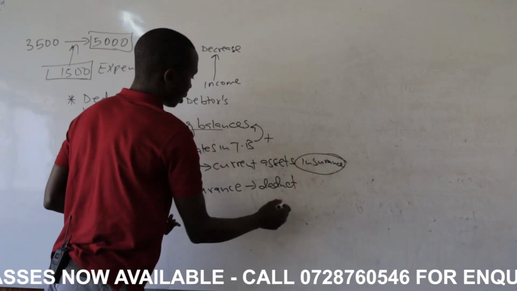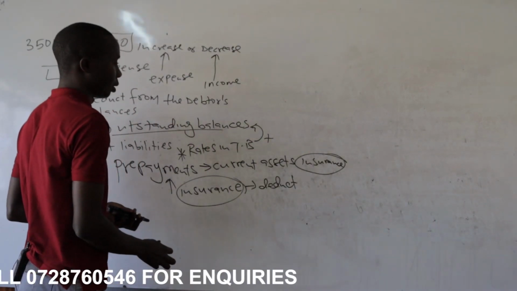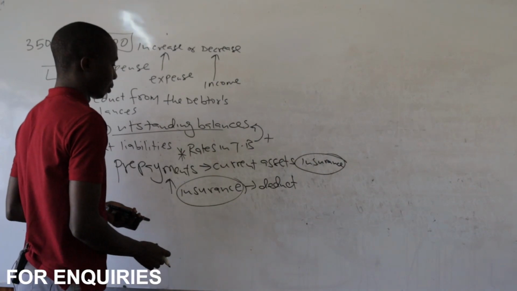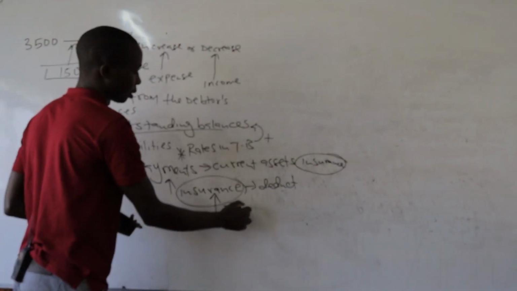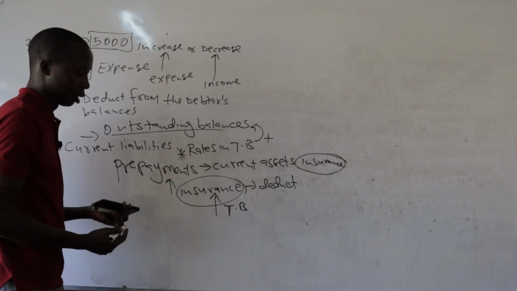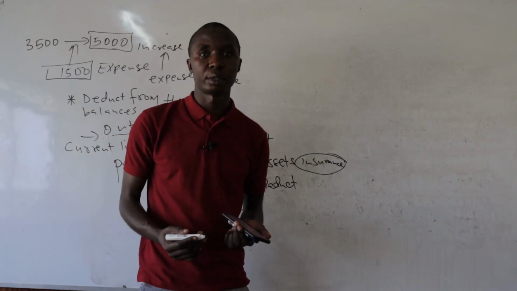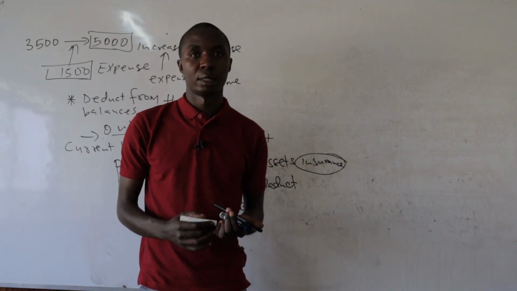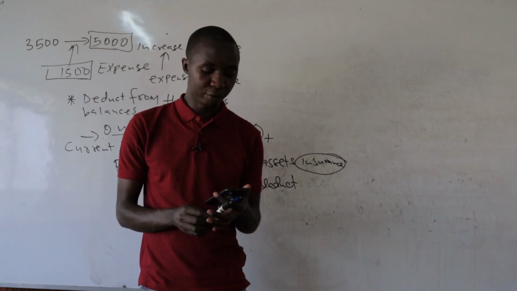So I have to check the relevant insurance in the trial balance, which was prepaid. I deduct that prepayment before I record the relevant insurance under the income statement as an expense. So those were the 6 additional pieces of information which were provided there.